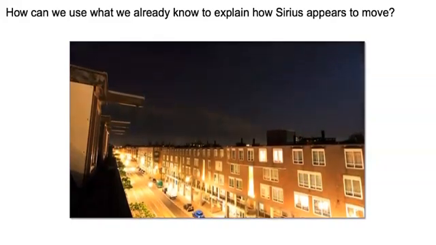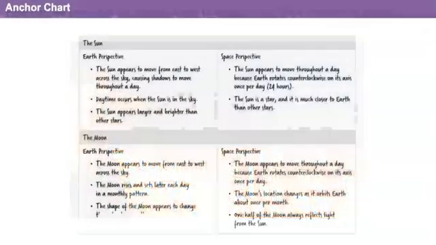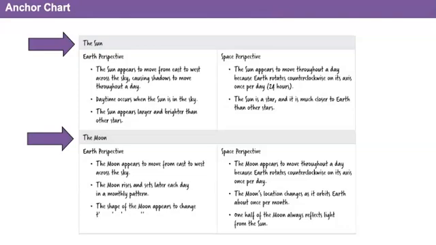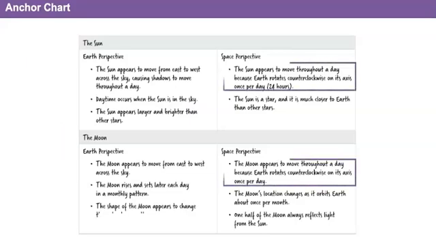Could the same be true about stars? Let's also look at the sun and moon sections of our anchor chart to see what else we've learned about the apparent motion of objects. We wrote that the sun and the moon appear to move throughout a day because Earth rotates. Could the same be true for stars?